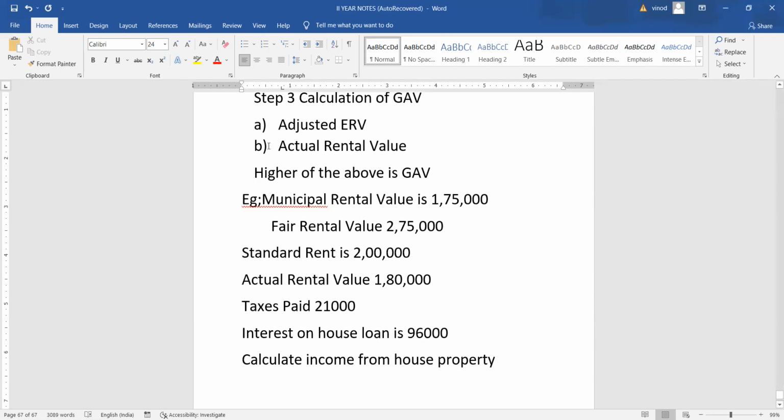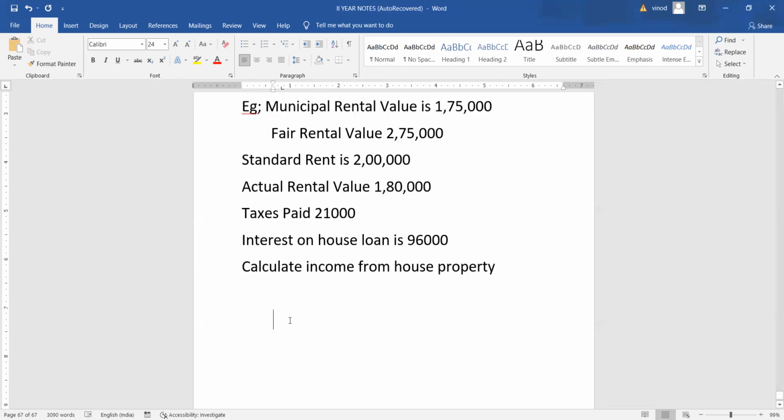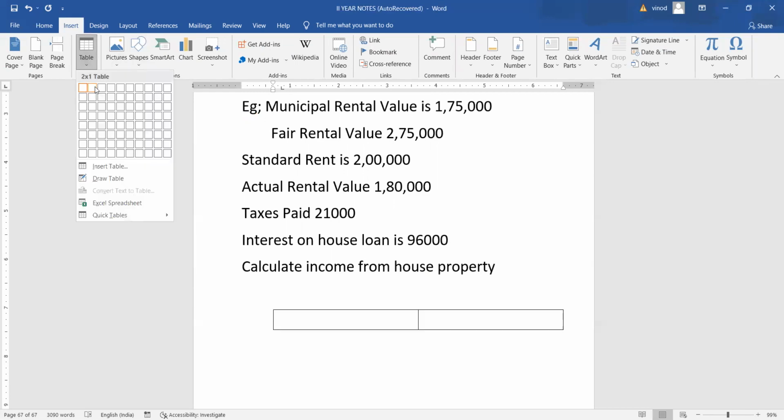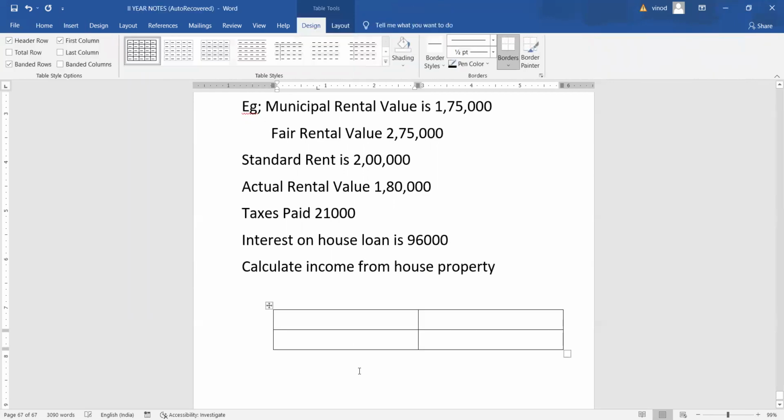Now, let's do it. For this, we need to prepare a pro forma for calculation of income from house property.